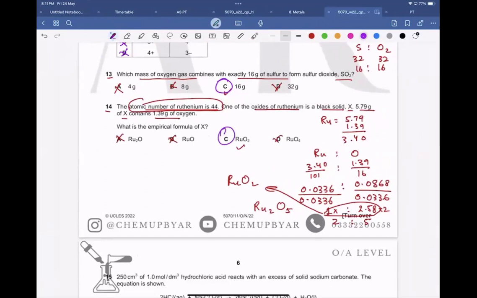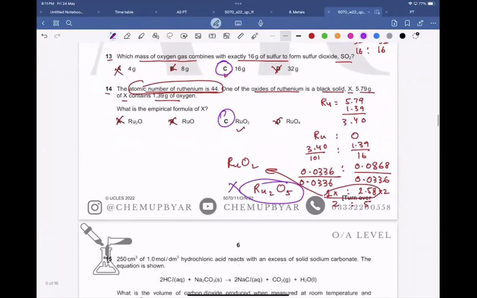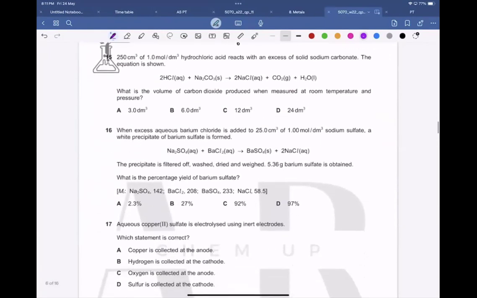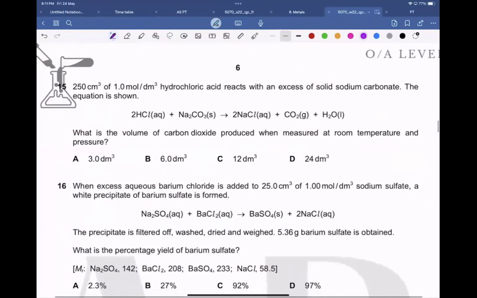Okay. And why didn't we consider this one? Because there is no such formula over there. Now, question number 15. 250 centimeter cube of 1 mole per dm cube hydrochloric acid reacts with an excess of solid sodium carbonate.